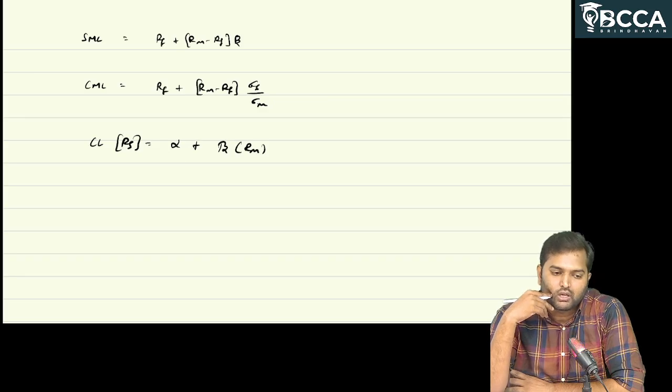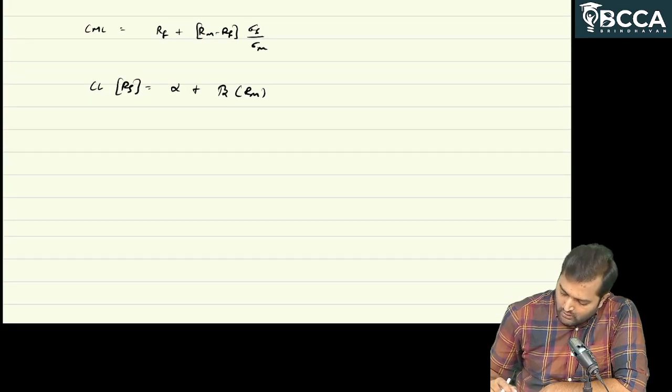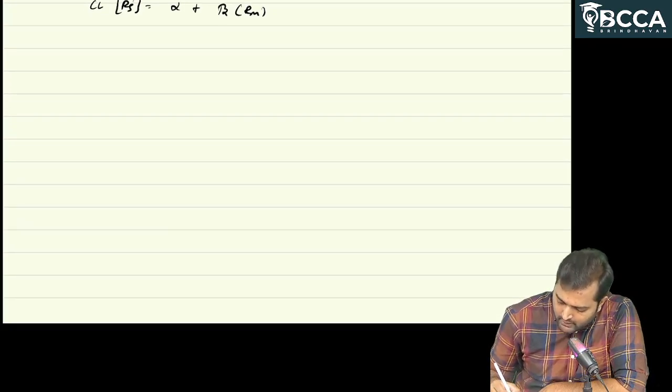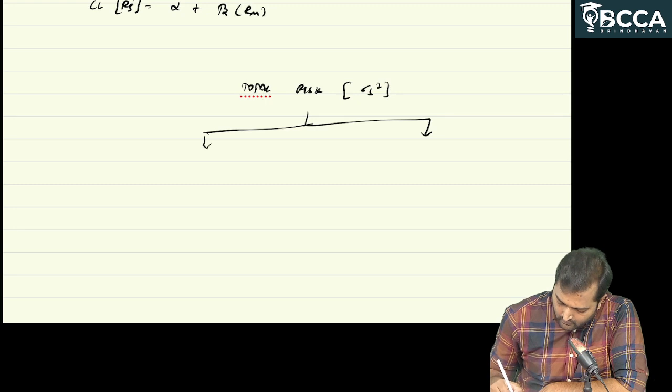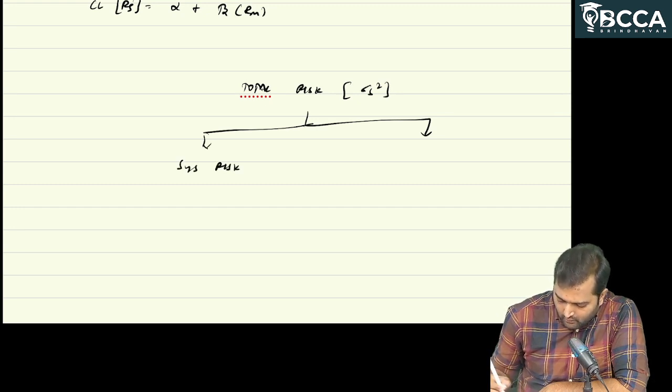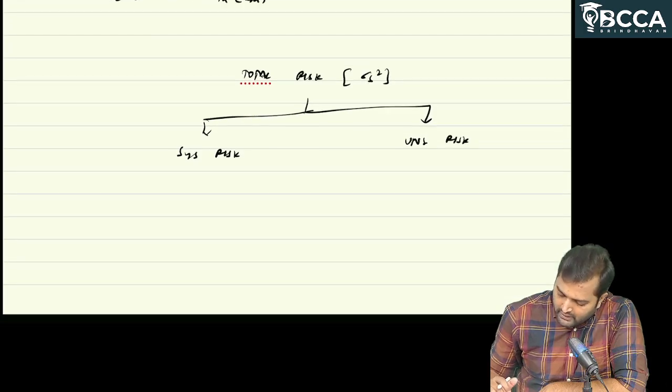After the characteristic line, the Sharpe index model. Total risk, sigma S square, is equal to systematic risk plus unsystematic risk. Unsystematic risk is also known as residual variance. How do we get systematic risk?